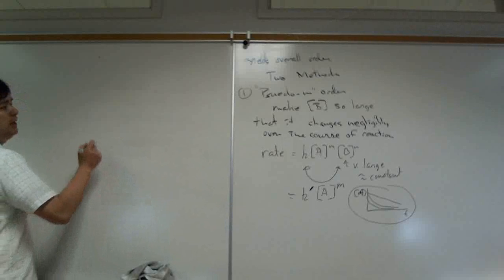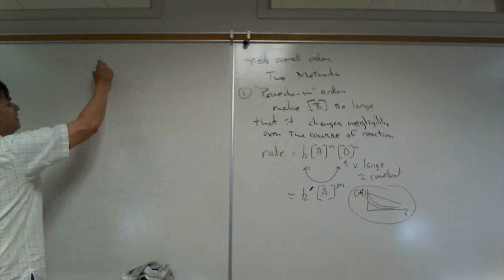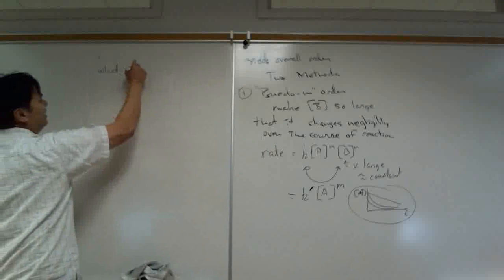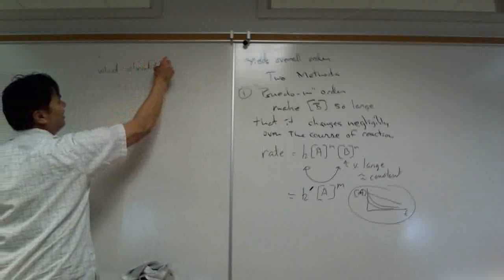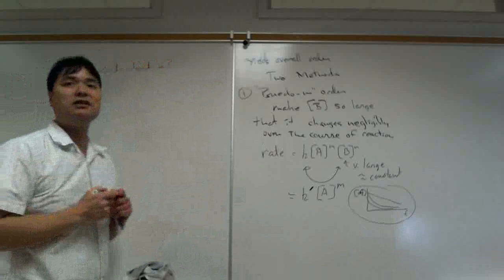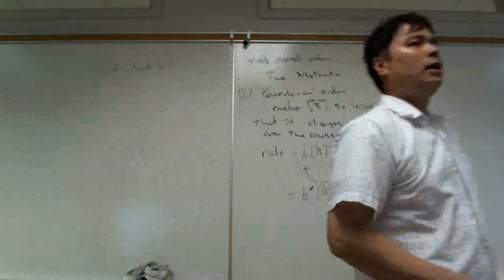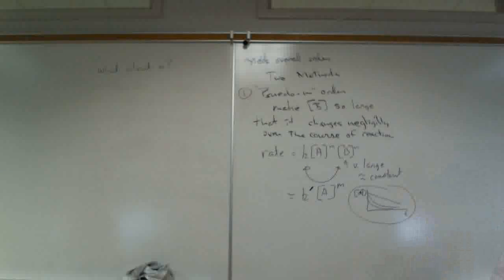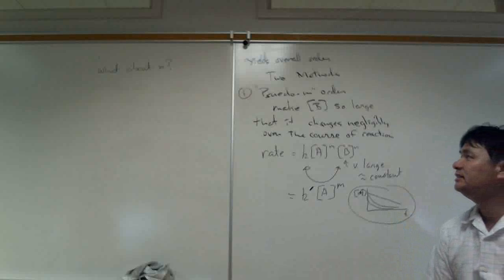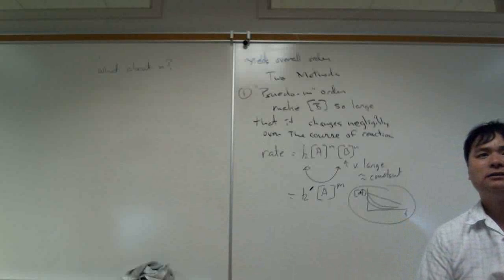But what about B? What about N? We still need to know how N impacts the rate. And so how can we do that?